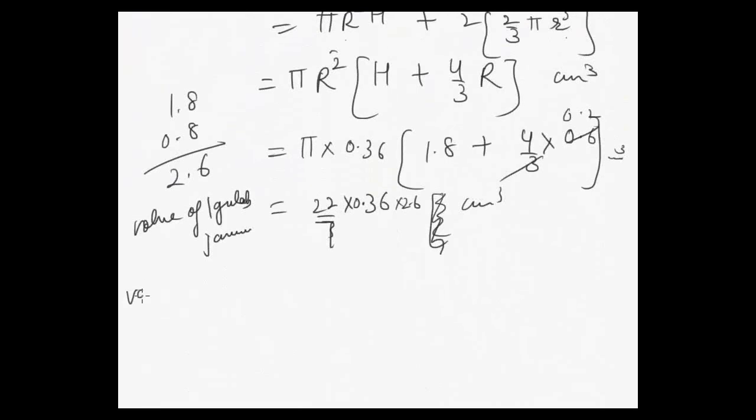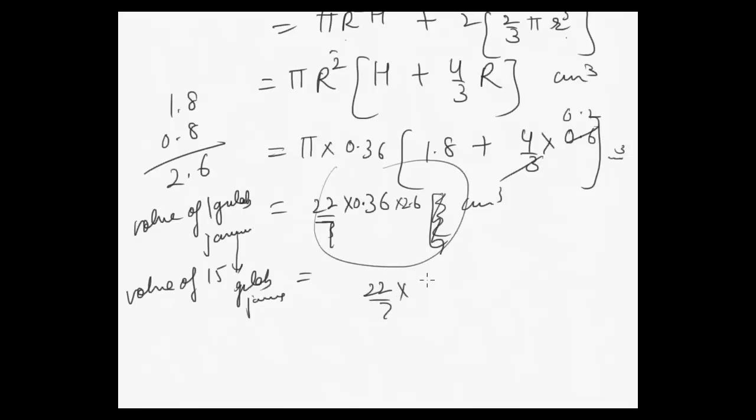So volume of 15 similar gulab jamuns will be this volume multiplied by 15, that is 22 by 7 into 0.36 into 2.6 into 15.